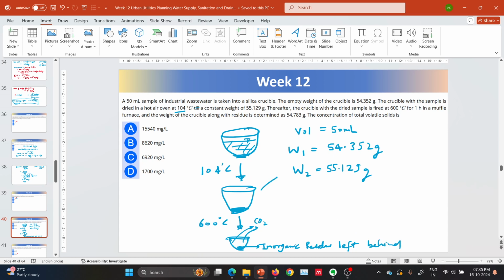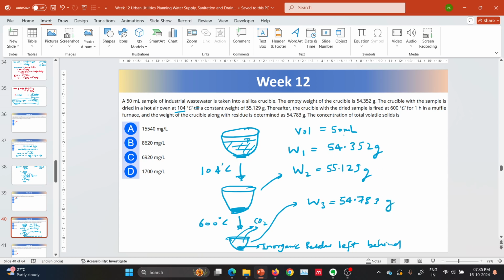So W2 was this, and W3, the crucible with residue, is determined as 54.783 grams.